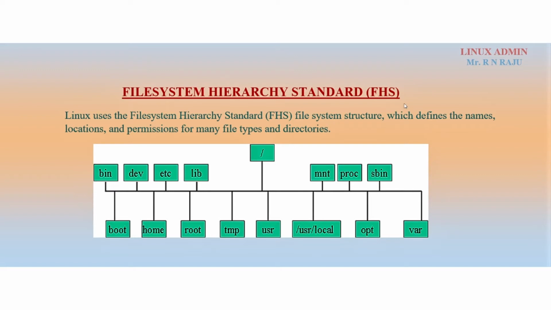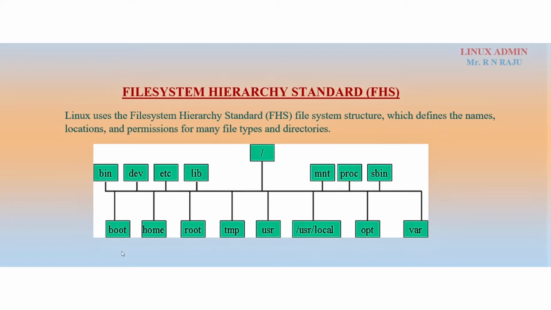So in the hierarchy standard, the first one is slash. It is a top level working directory. Some people call it the root directory. So under the root directory: bin, dev, etc, lib, mnt, proc, sbin, boot, home, root, tmp, usr, opt, and var.